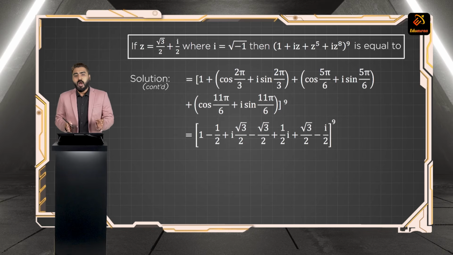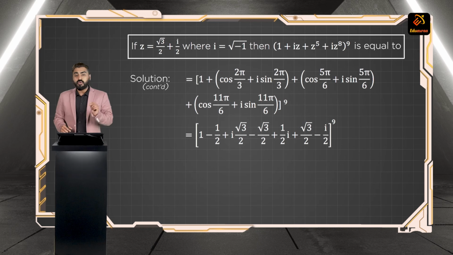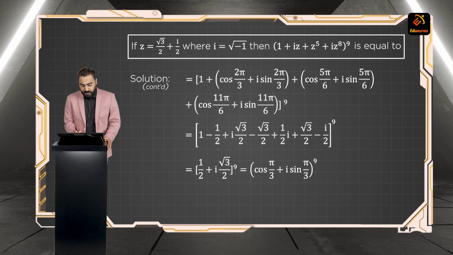So students, how do we solve further? If we rearrange these terms, if we add and subtract terms, we reach the conclusion that we get (1 by 2 plus i root 3 by 2) whole raised to 9.